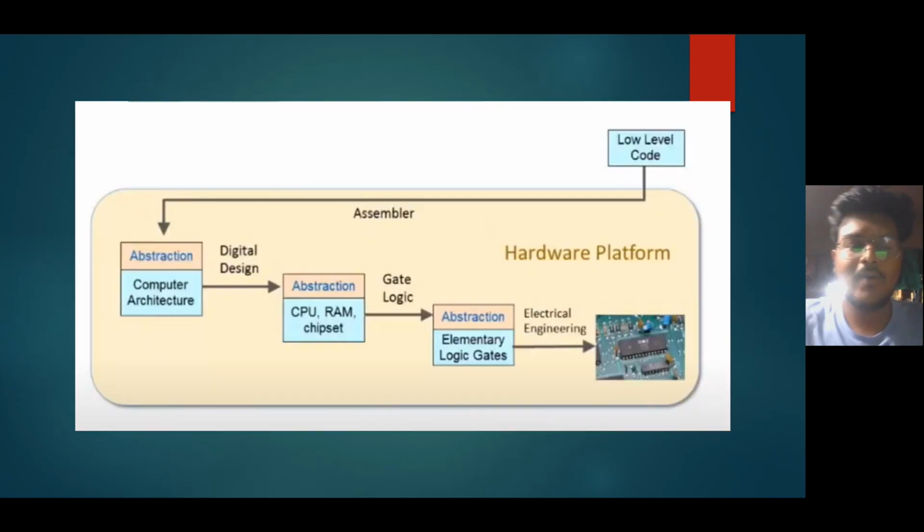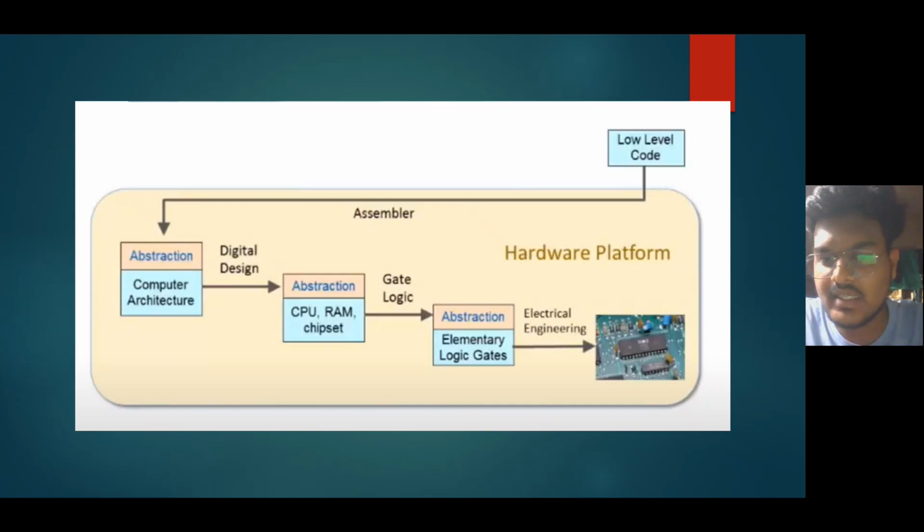First of all, how are we going to make an operating system out of this whole course? First, we need the computer architecture, like what kind of computer architecture we are going to work on. Are we working on a Harvard machine or a von Neumann architecture?